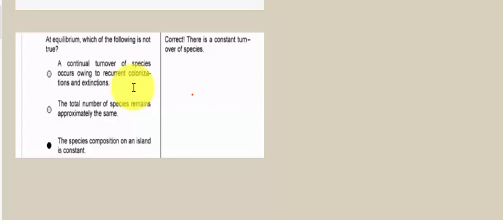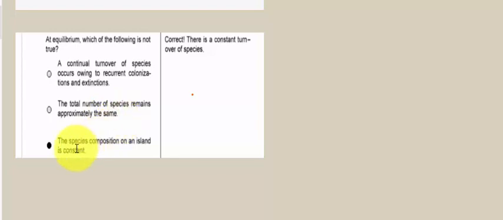Second is the total number of species remains approximately the same. Now this is also the correct statement.